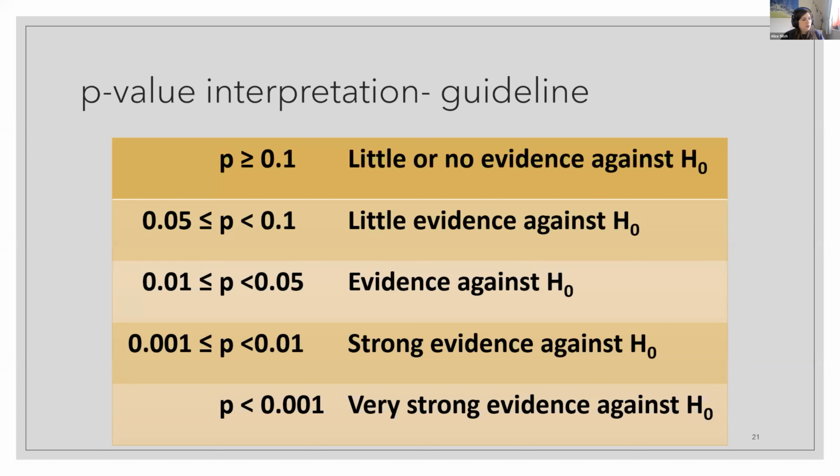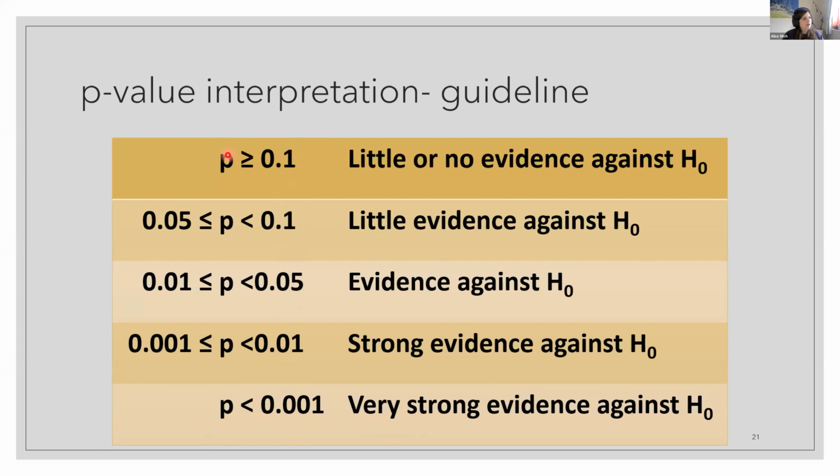So the smaller that p-value, you're saying the chances of you seeing that result or more extreme if the null hypothesis is true is getting smaller and smaller. So when you're in this kind of region, when p is less than 0.001, that's very strong evidence against that null hypothesis. Okay, as that p-value gets larger, then you're less convinced.